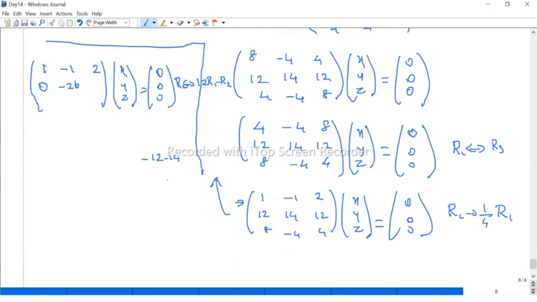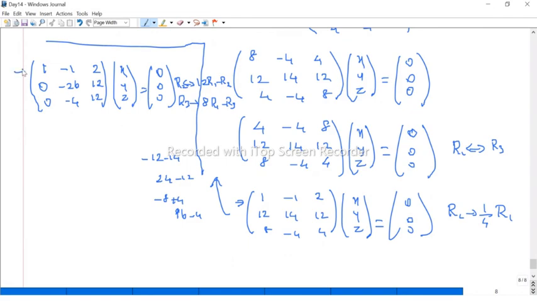Here 2 into 12 is 24, minus 12, you get 12. Again for the last row, I replace the third row by multiplying the first row by 8 and subtracting the third row. So 8 minus 8 is 0, then minus 8 and plus 4, therefore minus 4. And here 2 into 8 is 16, 16 minus 4 is 12. We get this.